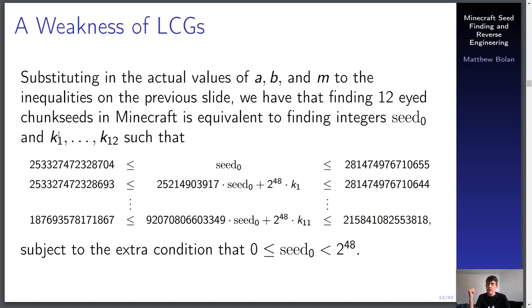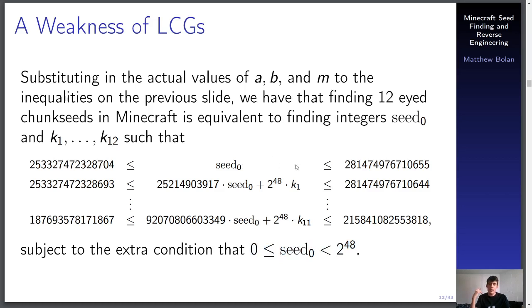Oh, whoops. I forgot to re-index in my notes up here. This should be k sub 1 through k sub 11, not k sub 12. We don't have a k sub 12. But okay. And as long as we presume seed 0 should be between 0 and 2 to the 48, it's fine.